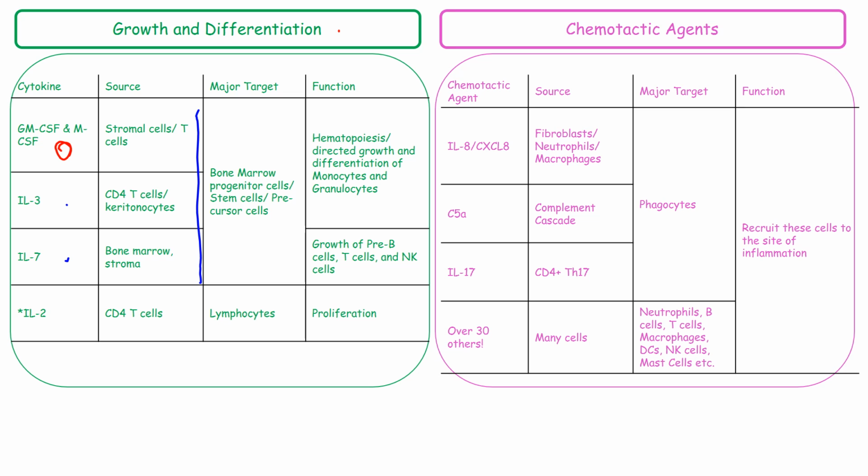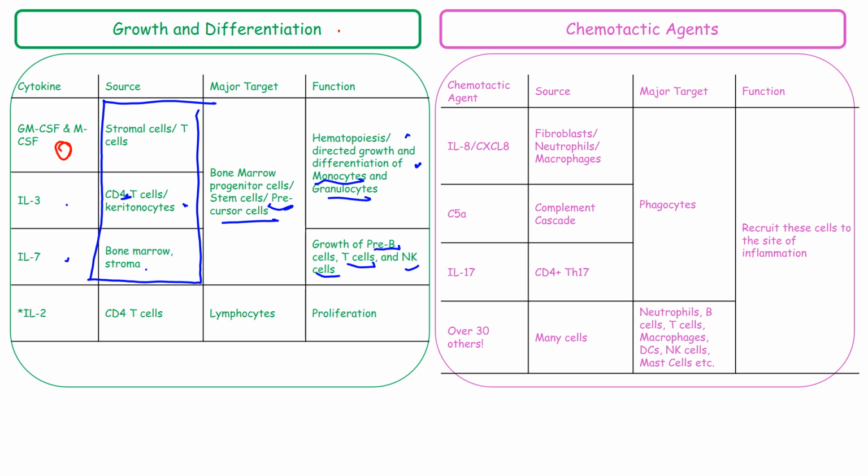All of these are going to work mainly in your bone marrow on stromal cells or keratinocytes. Occasionally they're going to come from CD4 cells, and they're going to work on these precursor cells, your common myeloid progenitor and your common lymphoid progenitor, and promote the hematopoiesis and the directed growth and differentiation of these various subtypes, be it monocytes, granulocytes, the pre-B cells, T cells, and NK cells.